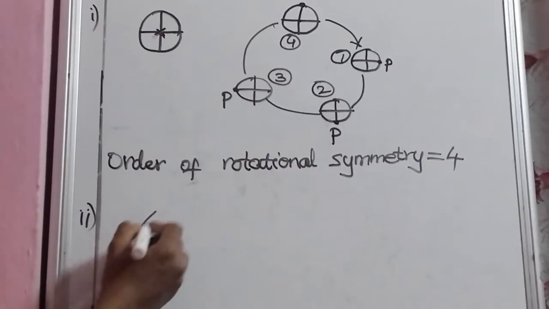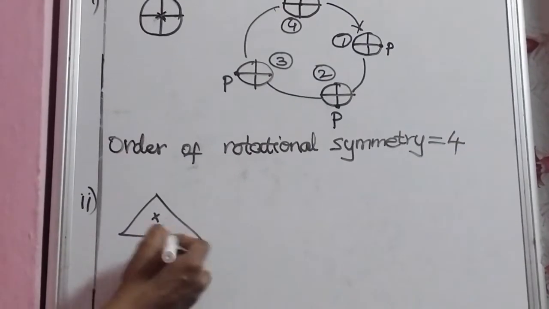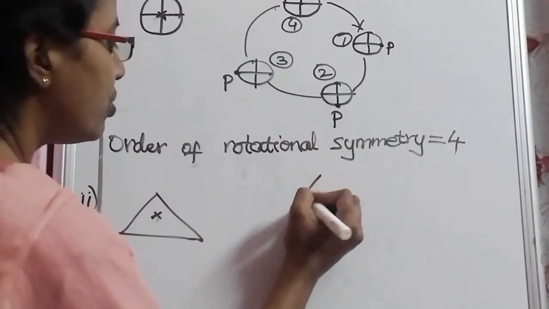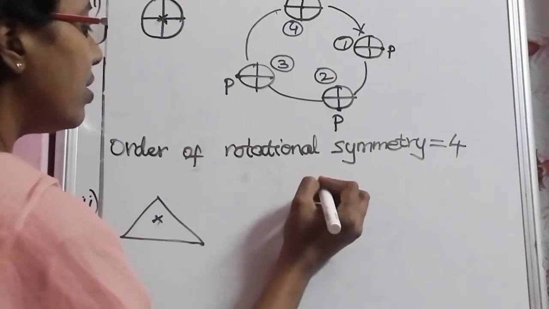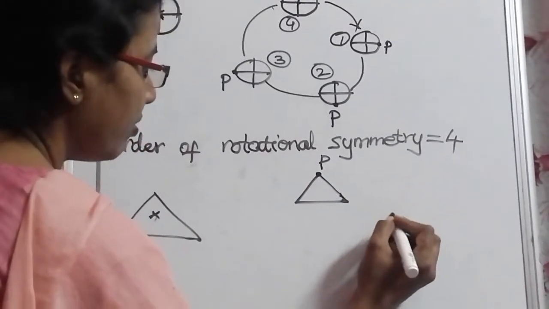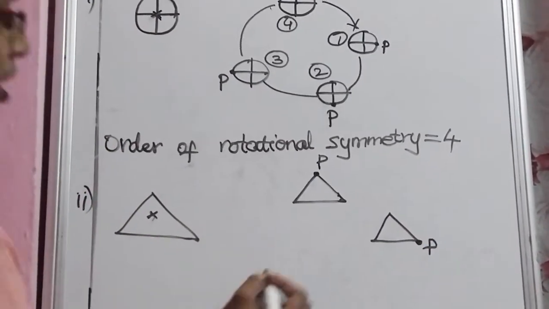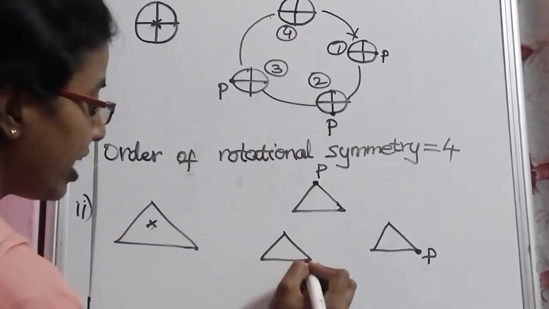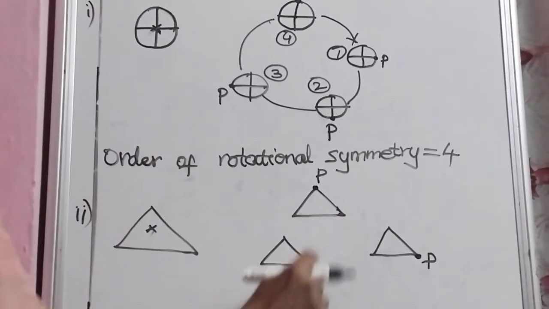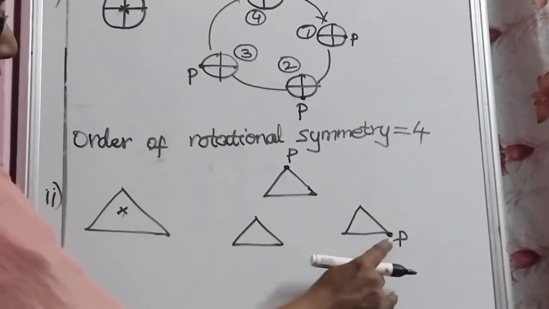Here you are given an equilateral triangle with the center here. Okay. So now let's draw. This is the initial point P. Now if it is rotated, the point is shifted to this part. Then if you rotate this, angle we are not checking. We know that when we are trying to rotate and reach 360 degrees, that time we come across this shape.